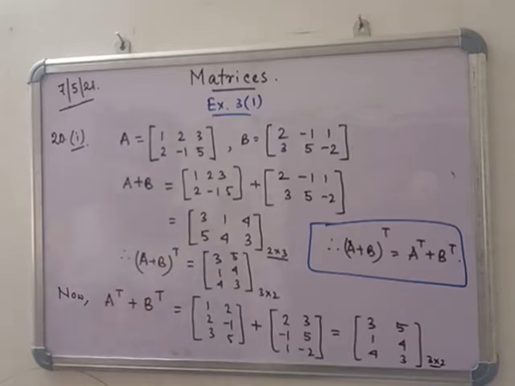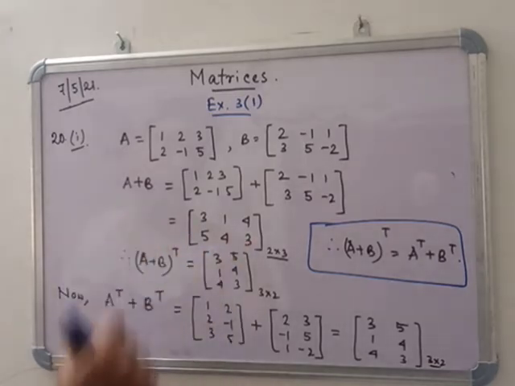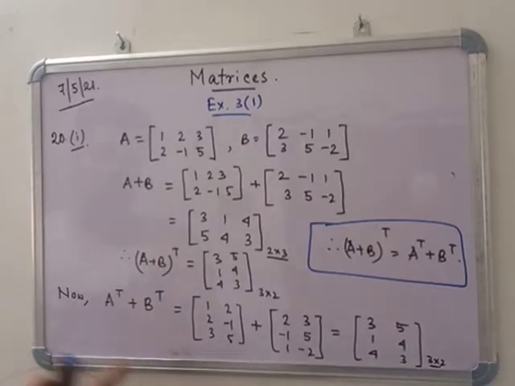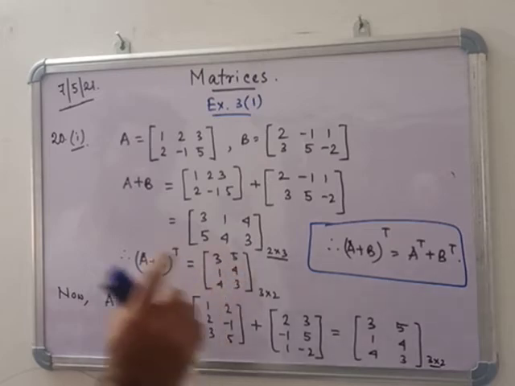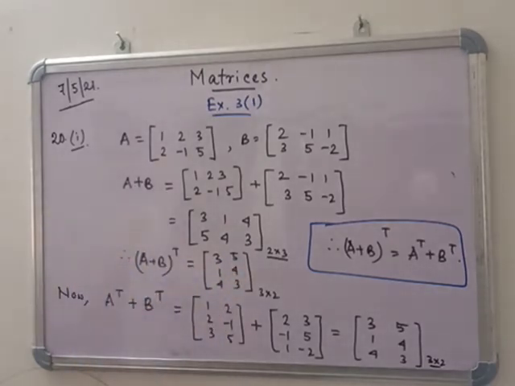So 3, 1, 4, 5, 4, 3. This is a 2 by 3 matrix. Now the transpose of A plus B, row into column, column into row, means 3, 1, 4, 5, 4, 3. That is a 3 by 2 matrix.